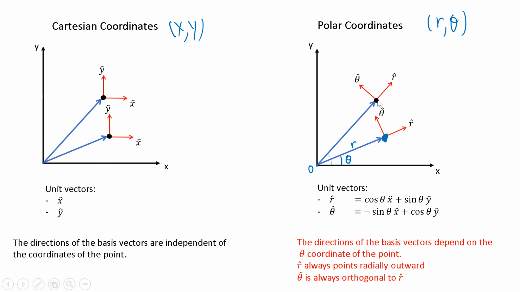If the particle is here, then the r hat and theta hat point in two different directions. But the key, as you might remember, is that r hat always points away from the origin, and theta hat always points in the direction that is perpendicular to r hat. This is how we relate r hat and theta hat with the Cartesian coordinate system.